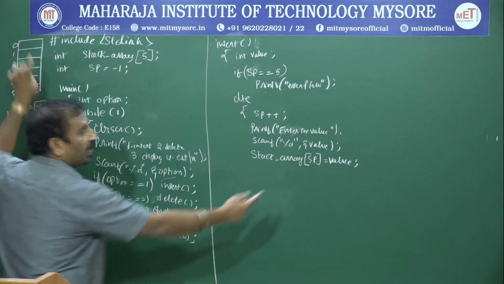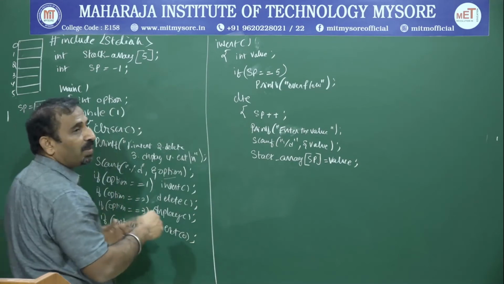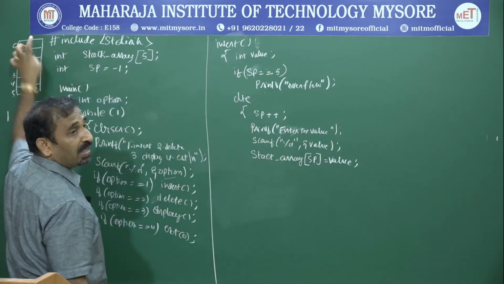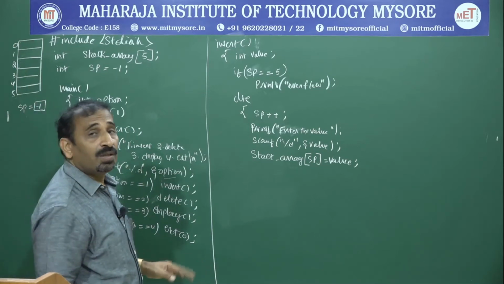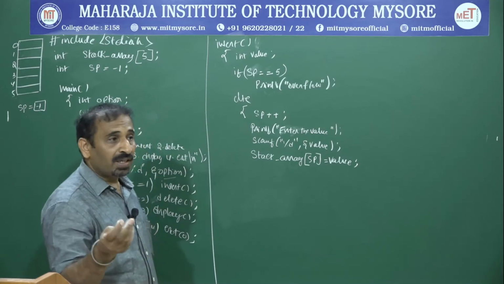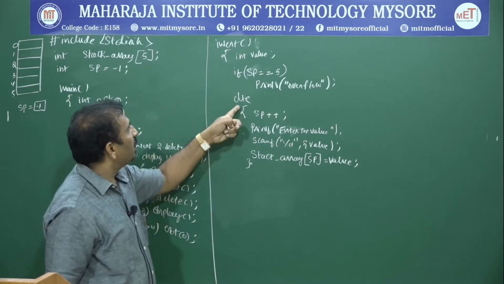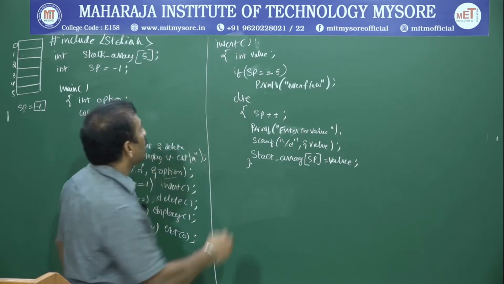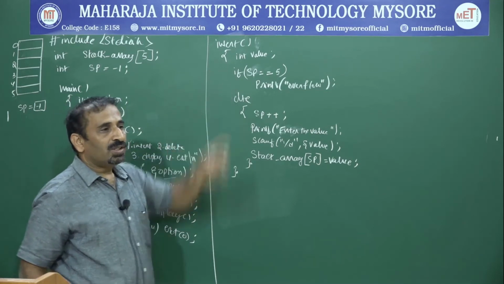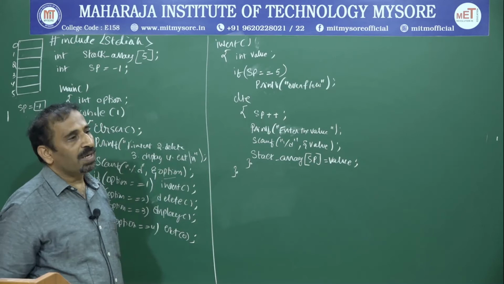This value is to be transferred here. Whatever you give, assume that you have pressed 19. So 19 will be stored here. Is it done? Yes. Close this, and that closes the else. Then close this function. So this is a very simple program that you can do for insertion of elements.